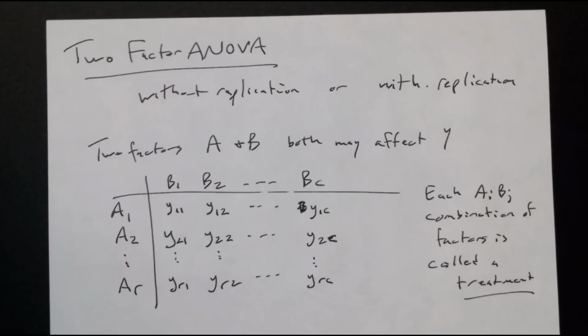Comparing averages. So I'll get an average for each column, I'll get an average for each row.